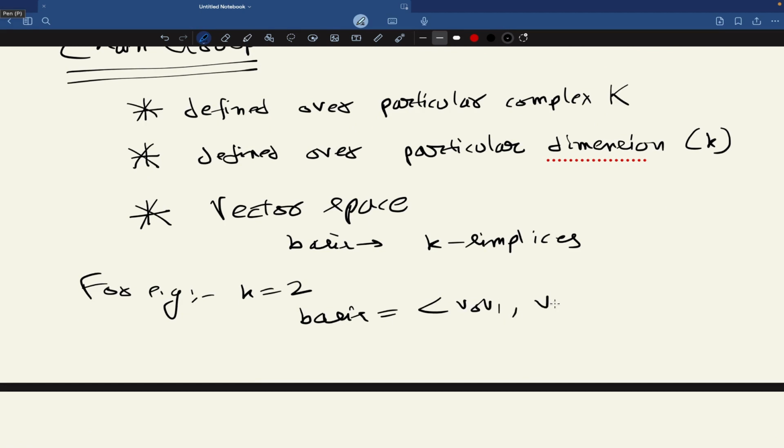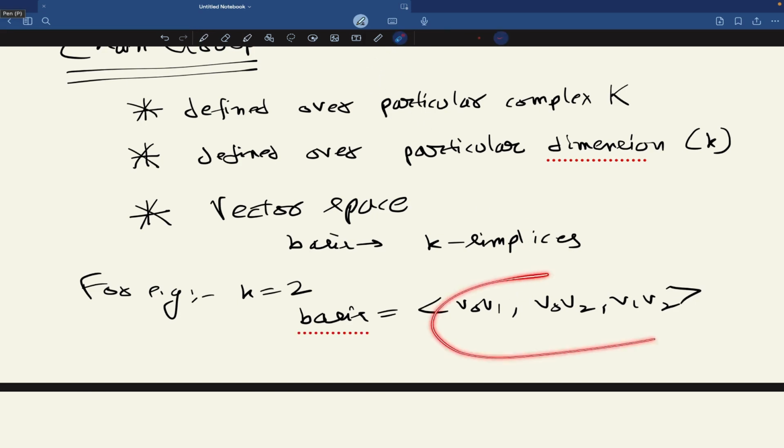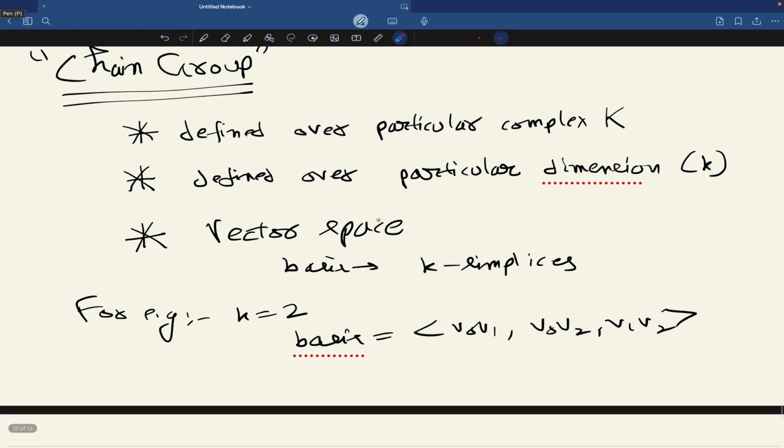Using these 3 bases, I can generate more vectors in this chain group.